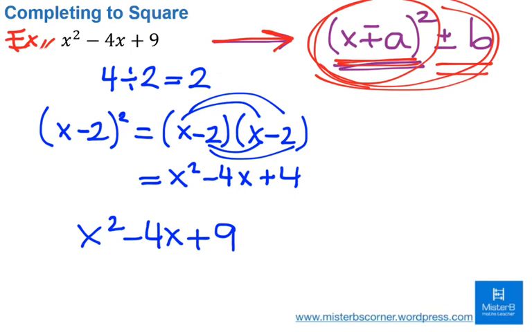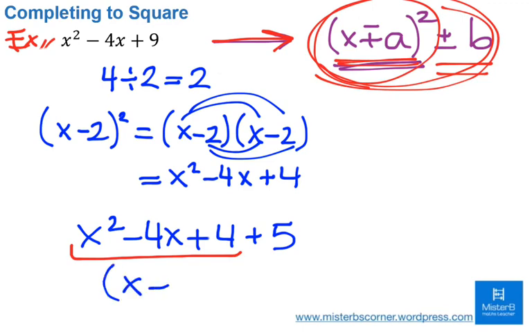Now, if I break 9 into 4 and 5, then I can consider this bit as x minus 2 squared. And then this expression will convert to a perfect square expression. It's going to be x minus 2 squared plus 5. And this is what I need to write.